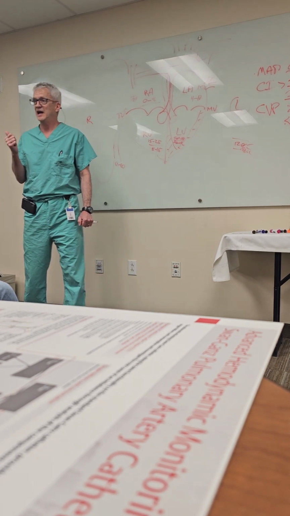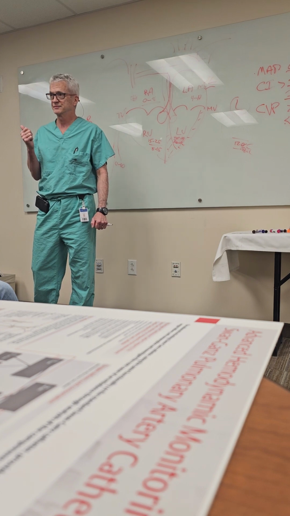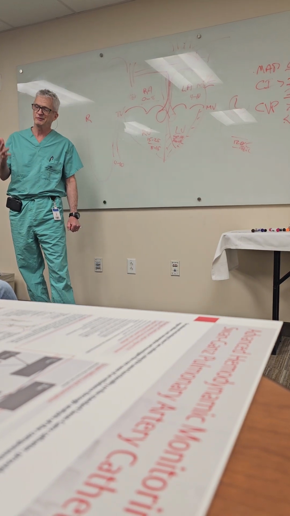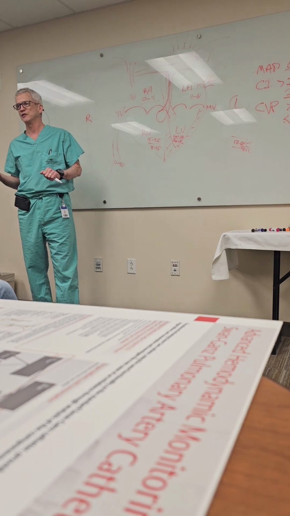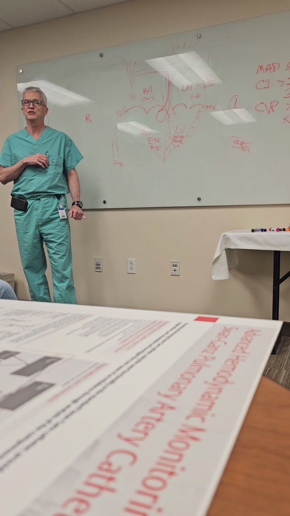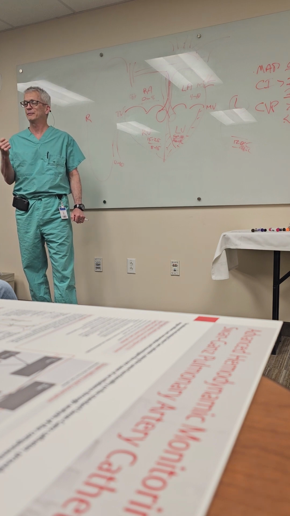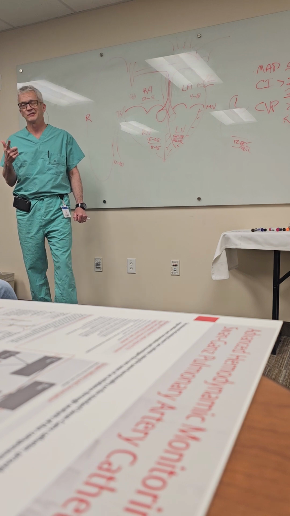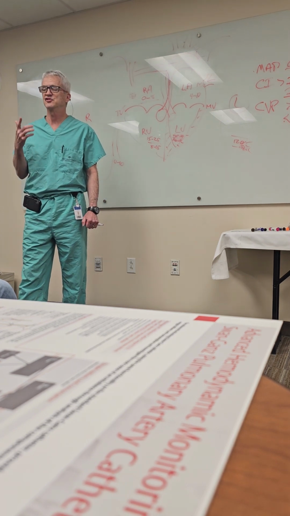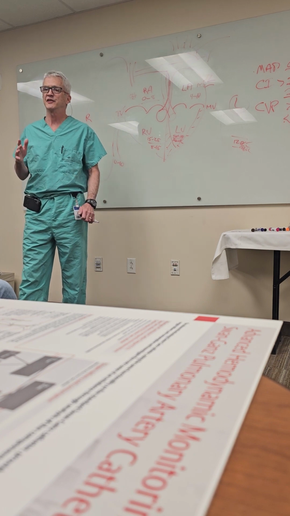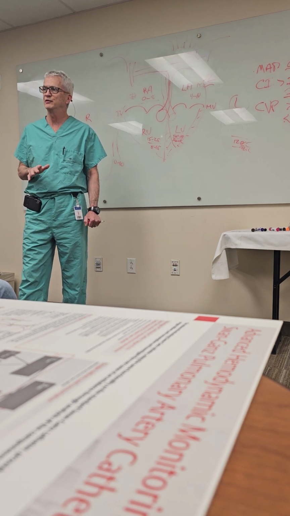Then we have the true inotropes, and those include epi, norepi, dopamine, dobutamine, isoproterenol. We as a program essentially only use norepinephrine and epinephrine now. We don't use dobutamine anymore because it generates tachycardia. A lot of conflict on this. The heart failure docs like dobutamine.